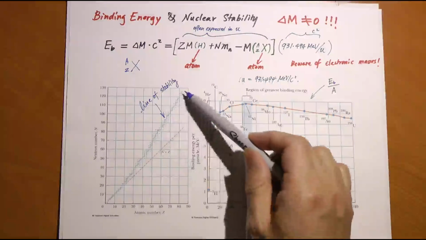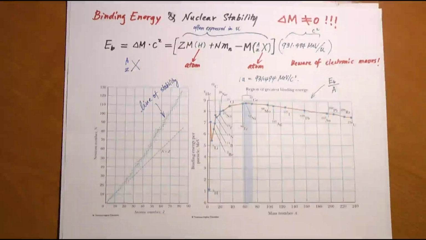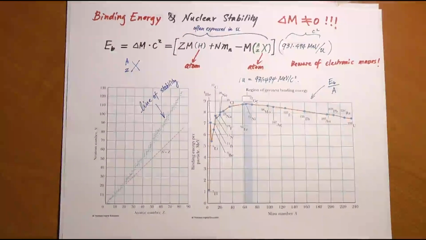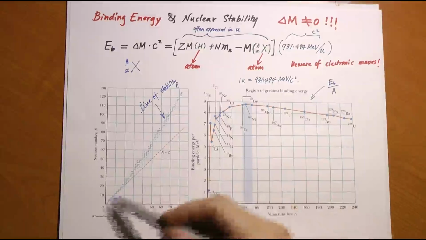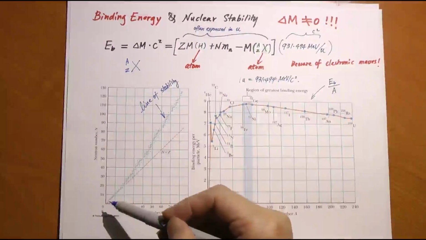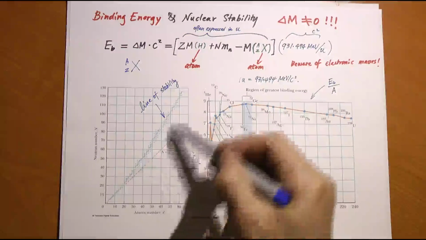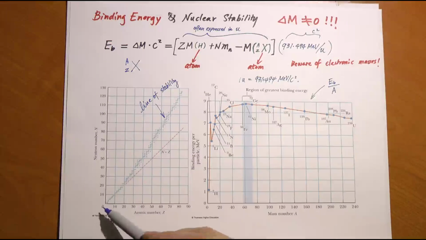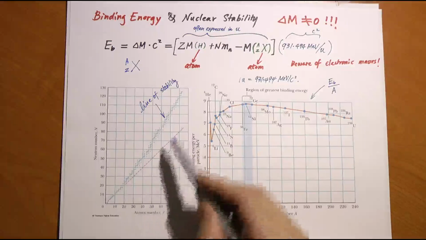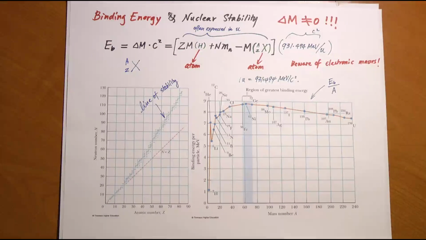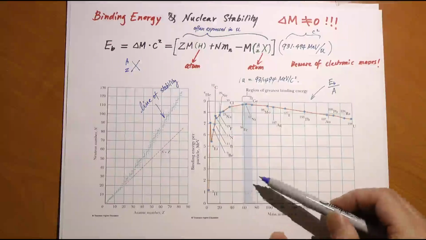So that is the line of stability. We can get some hint of nuclear structure from this line. Why is the line of stability like this? Why do they favor an equal number of N and Z, and then slightly more N than Z, as the number of nucleons gets greater and greater? Another thing we can take a look at is this famous plot.